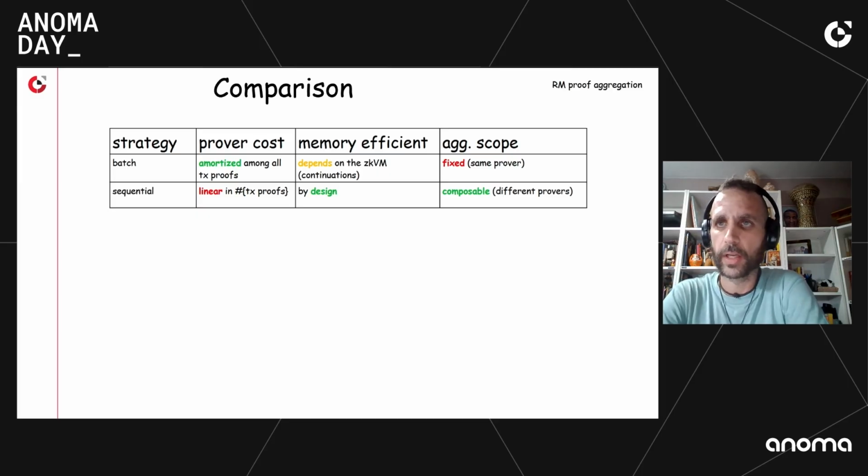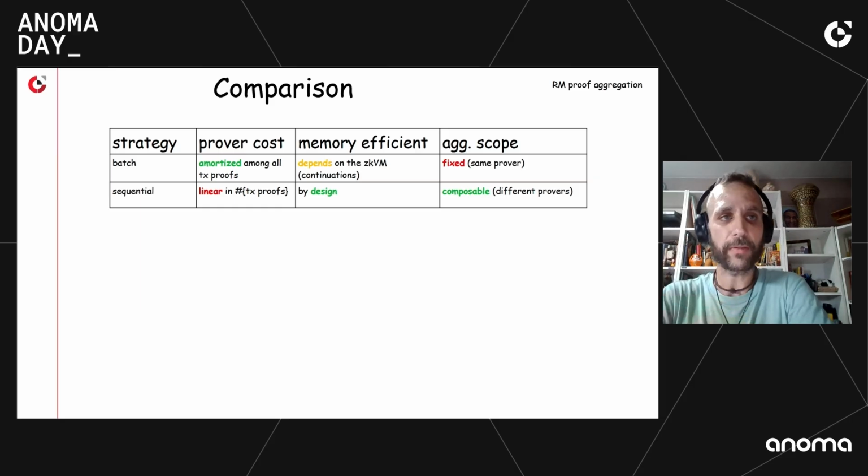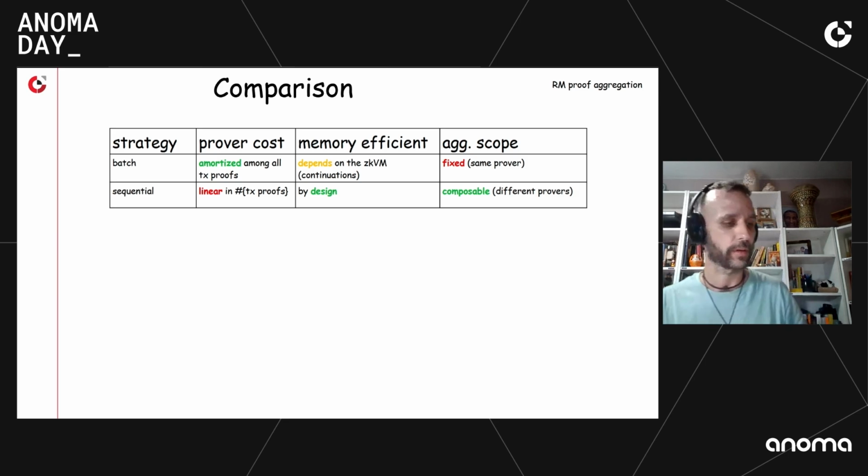The first prover could aggregate the first 5 proofs and then pass these on to the next prover, which might be a different controller, for example. And then this one would aggregate the last 5 proofs of the transaction. We can also have compatibility with composition in transactions. So that's something that might be useful in the future.